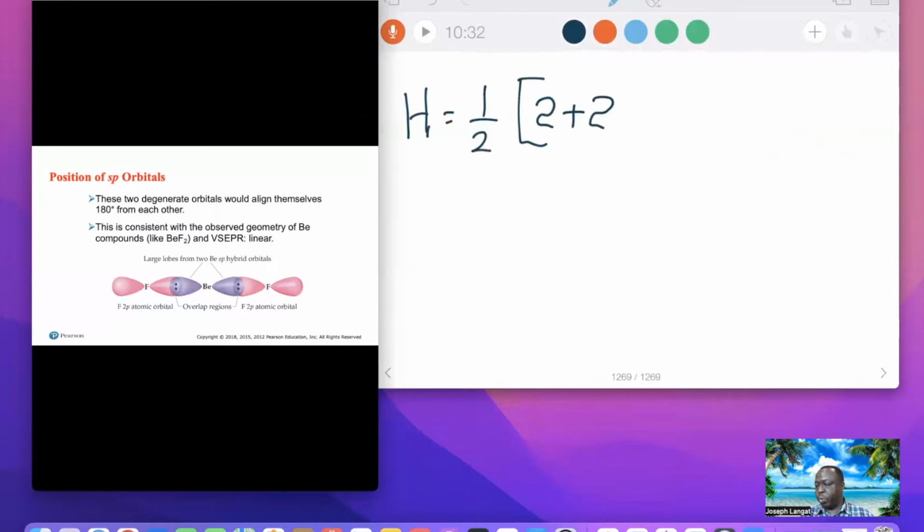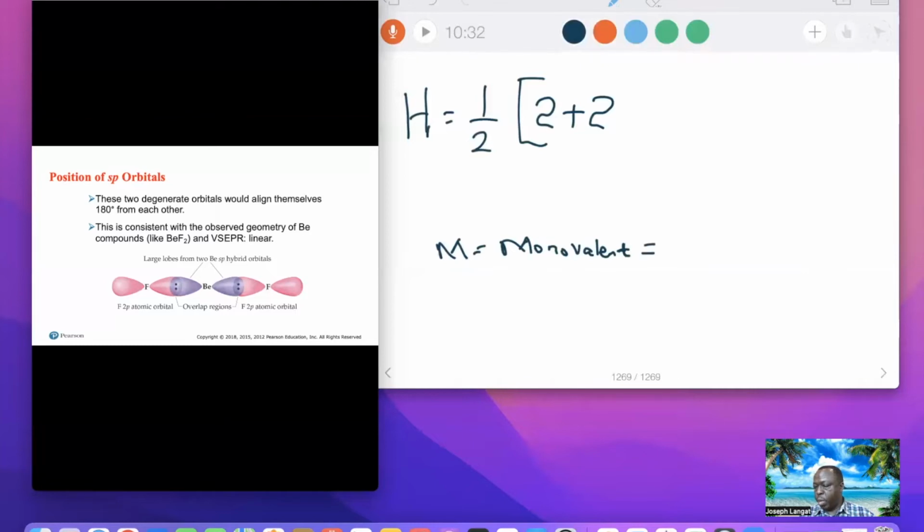We have 2 monovalent right here, M equals monovalent.